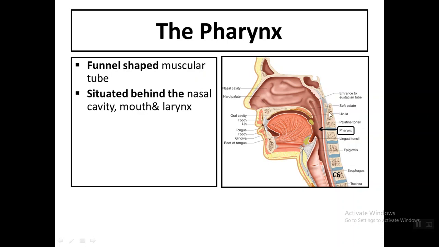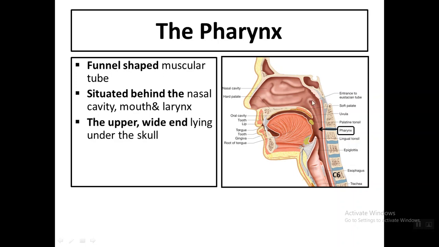So, because it is a funnel shape, it is situated behind the nasal cavity, mouth and larynx. يعني راح يكون موقعه behind nasal cavity, mouth and larynx.